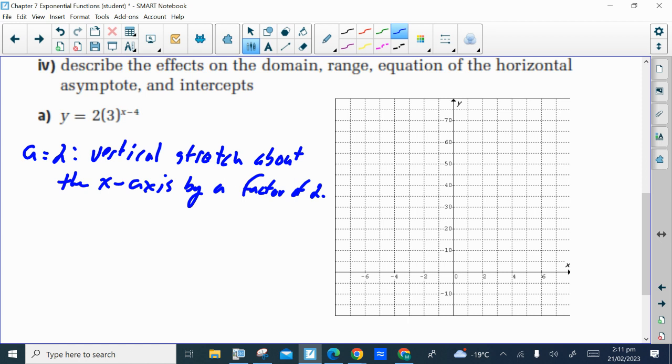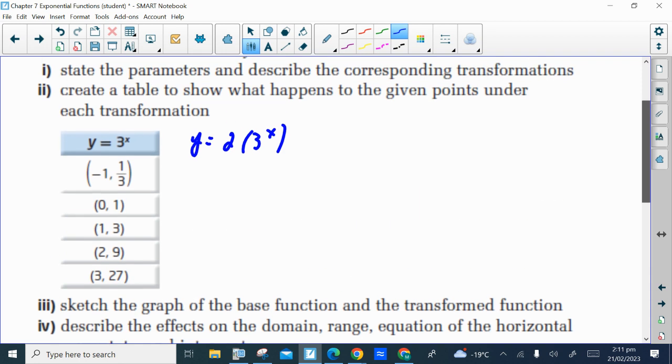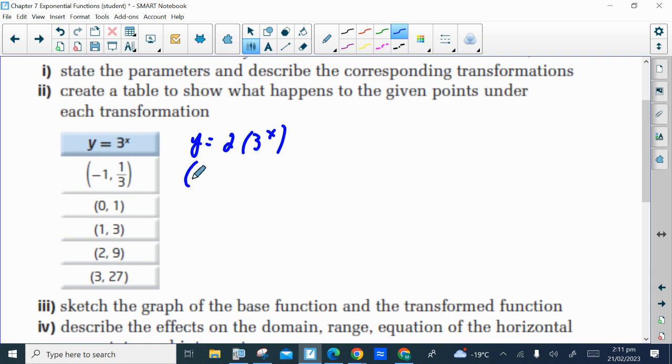And so we remember that when you vertically stretch by a factor of 2, it's the y values that get multiplied by the stretch factor. So for our table of values, we're going to multiply all the y values by 2. So 1/3 times 2 will become 2/3. 1 times 2. 3 times 2. 9 times 2.